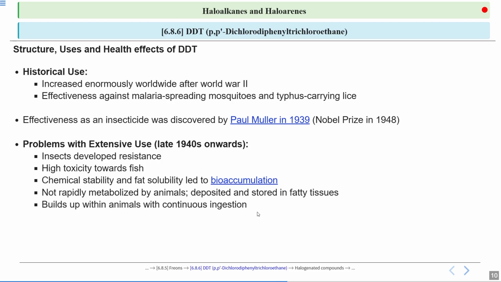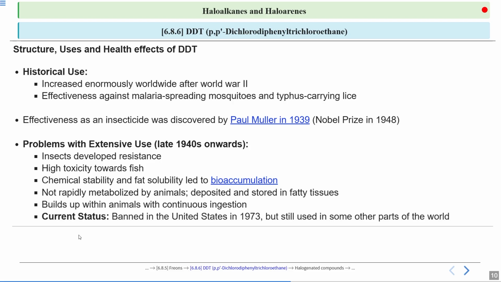If the rate of intake of this DDT is increasing or exceeding the rate of breaking down or eliminating it in the animal, then it will build up with the continuous ingestion, and this condition will lead to bioaccumulation.